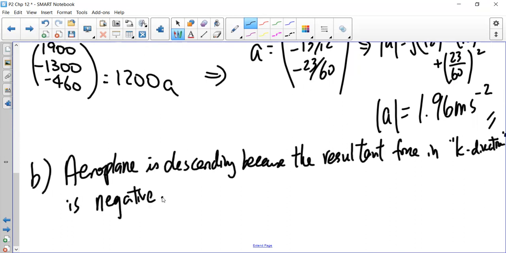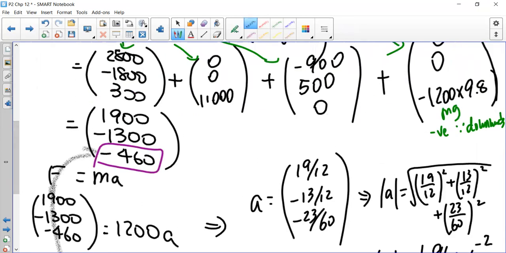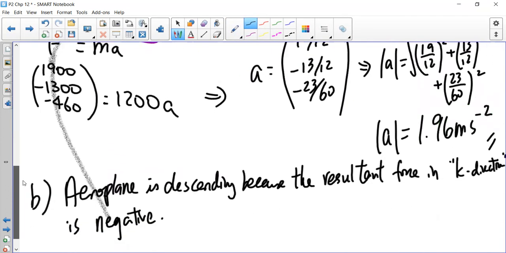If you don't understand what it means, you can use a pencil again to link it back to this force in here, just to show. Okay, so it's descending because the resultant force in k is negative.